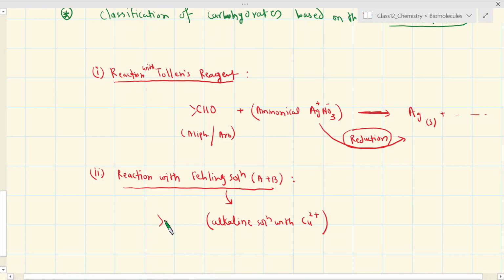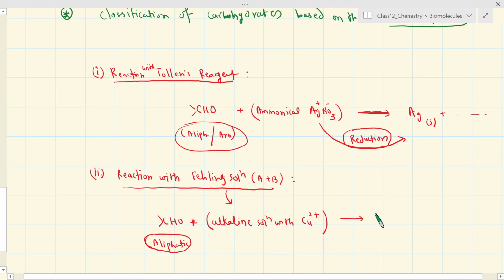Then if you have an aldehyde, now this aldehyde should be only aliphatic. This is the limitation of this reaction. The earlier one can be either aliphatic or aromatic, but this has to be only aliphatic. I am teaching you only aldehyde tests, okay? So no aromatic compound will give this test. But both are tests for aldehyde, keep it in mind.